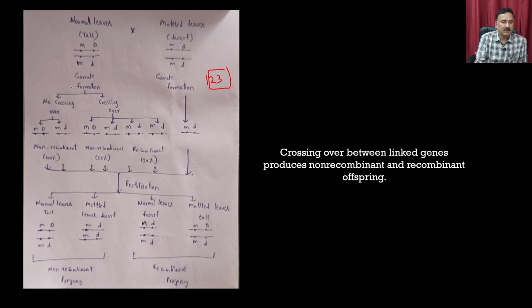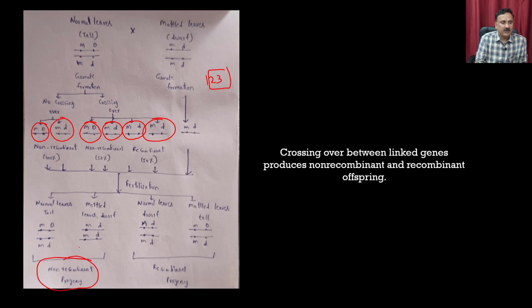If there is no crossing over, it is going to maintain the pure gametes, capital M and D and small m and small d. But if there is a crossing over, then M with small d and small m with D are going to produce different types of variation.